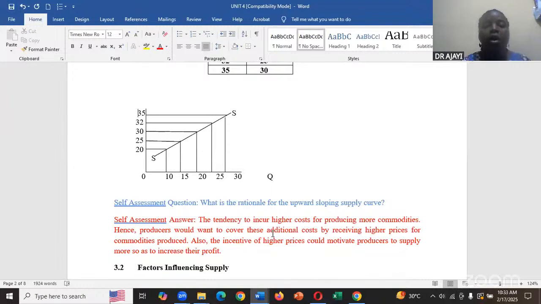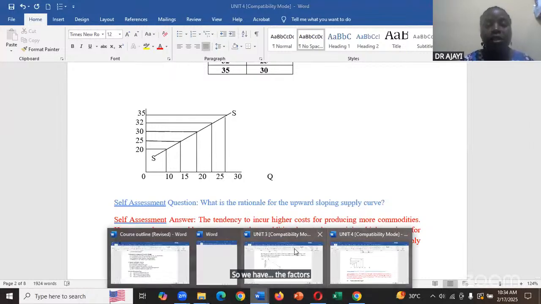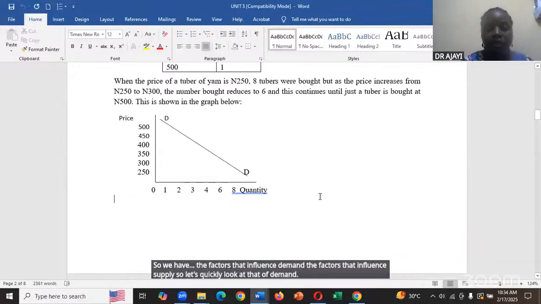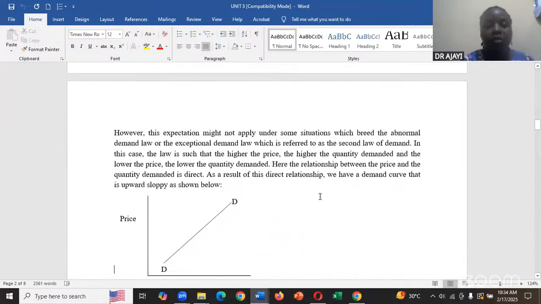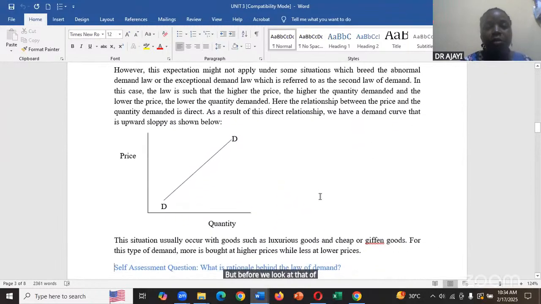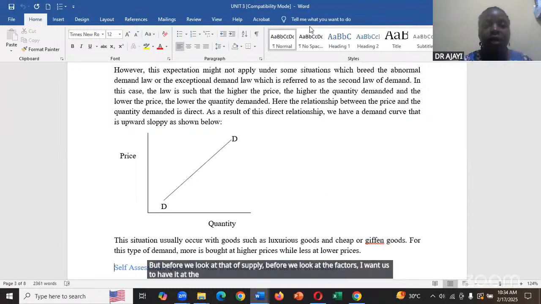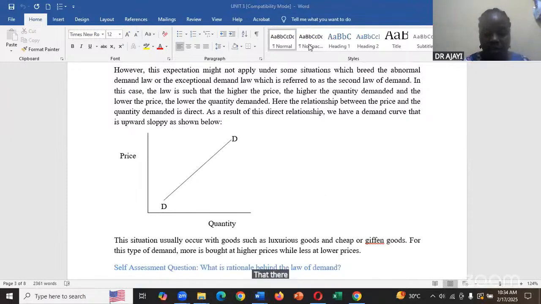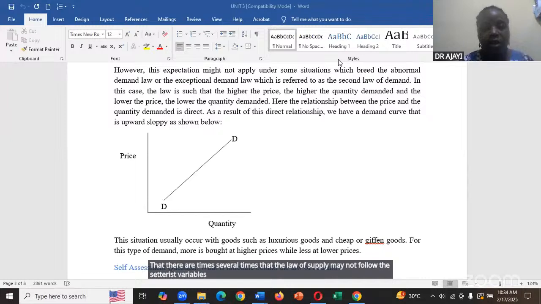So we have the factors that influence demand and the factors that influence supply. Let's quickly look at that. But before we look at the factors of supply, I want us to have it at the back of our mind that there are several times that the law of supply may not follow the ceteris paribus slogan.